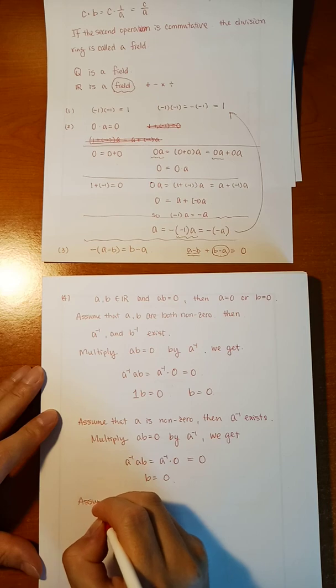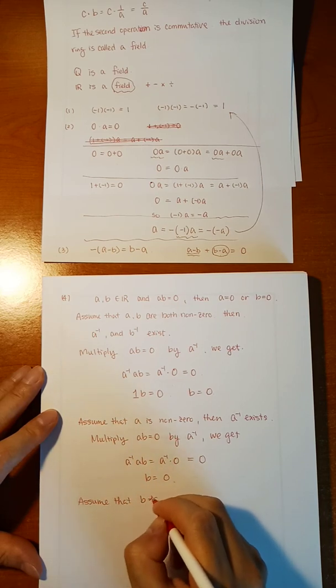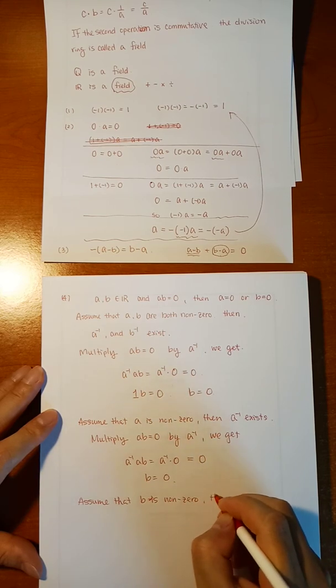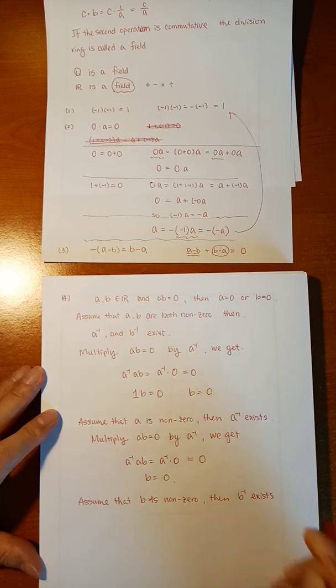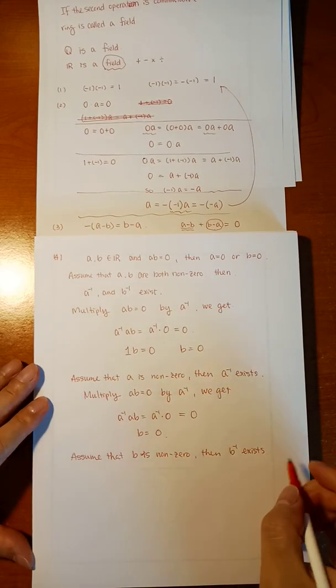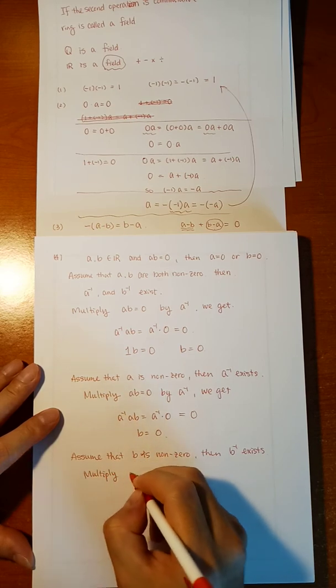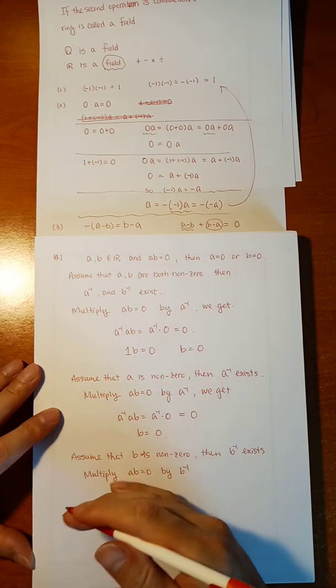Assume that B is non-zero. Then B inverse exists. Then multiply AB equal to 0 by B inverse. Of course, this time it's from the right-hand side.